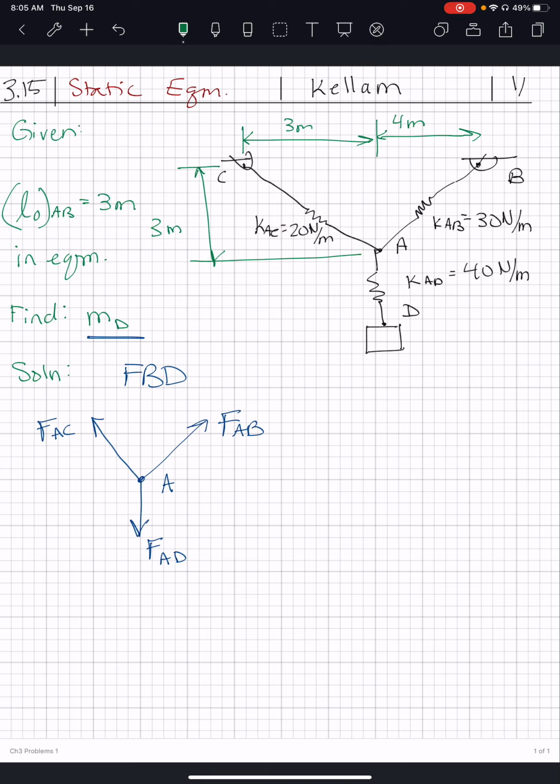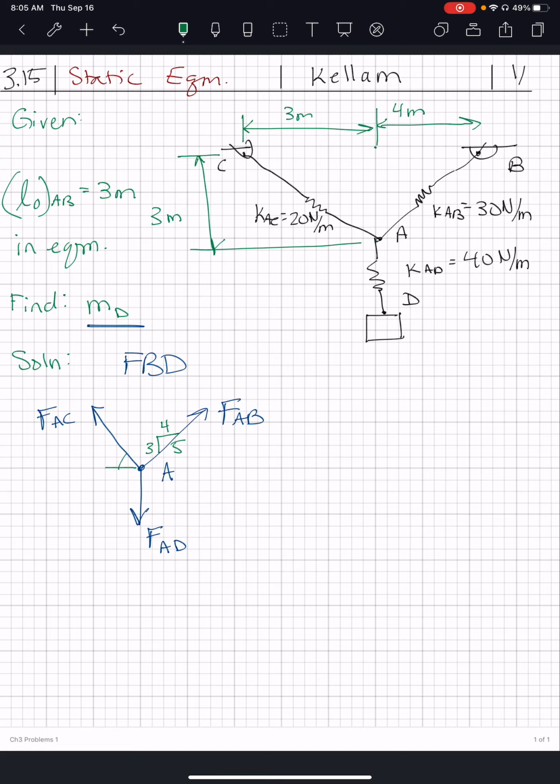We know some distances. It's 3 meters up to the center point and then 4 meters over, so this is a 3-4-5 triangle and that hypotenuse would be 5 meters. And then the other one is 3 and 3, so we could do it one of two ways.